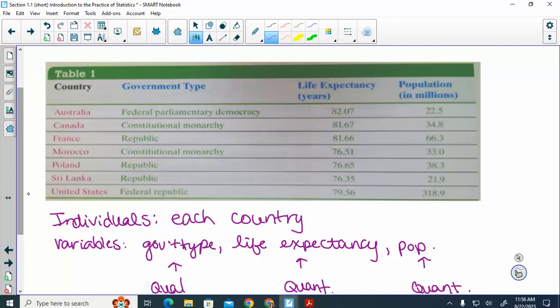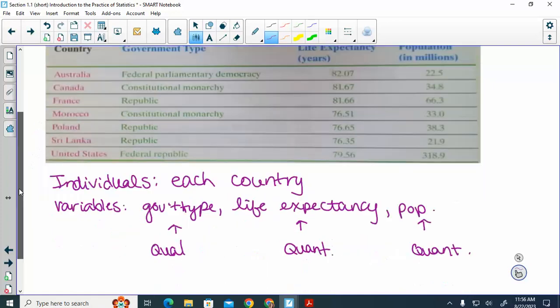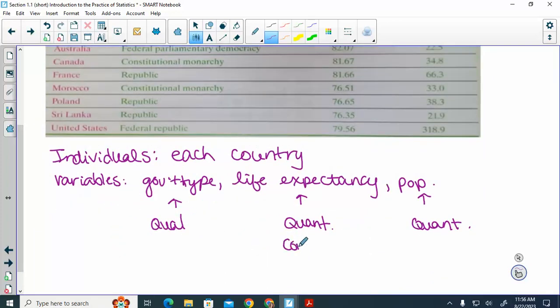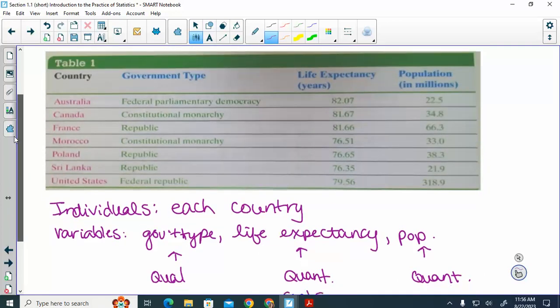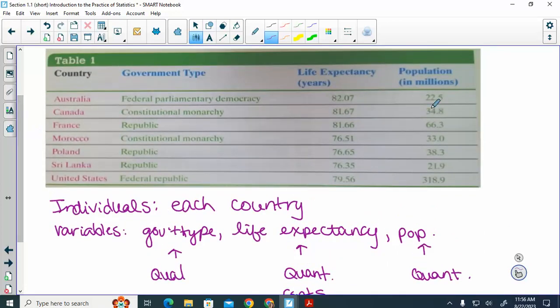No, we listed decimals here. So would that be discrete or continuous? And the population. It's misleading here, it's in decimals, but it's just measured in millions. So 22.5 million. But if you're counting people, we don't have a partial person, right? So that is a discrete value.